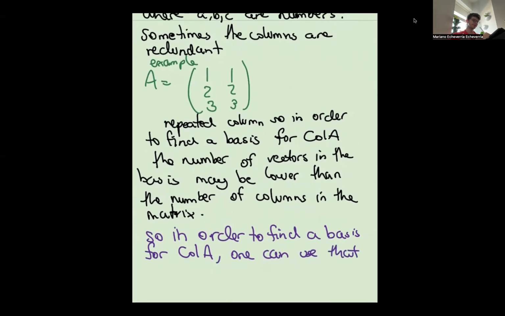Essentially, what you can use is that the column space of a matrix is just the row space of A transpose.